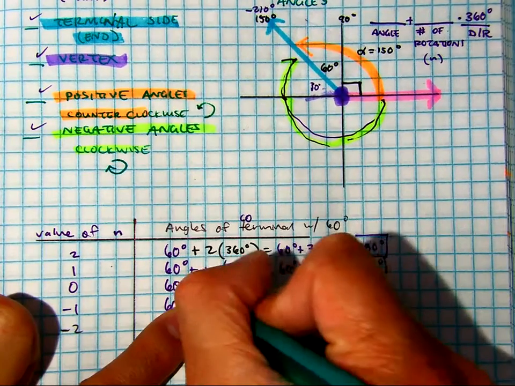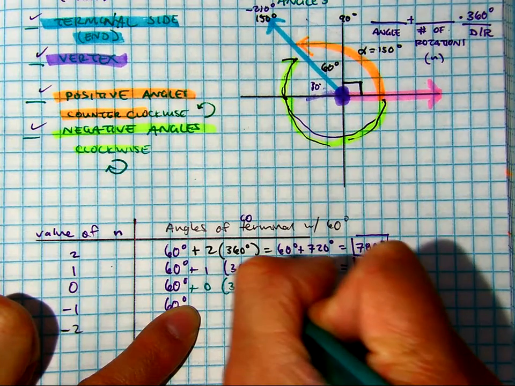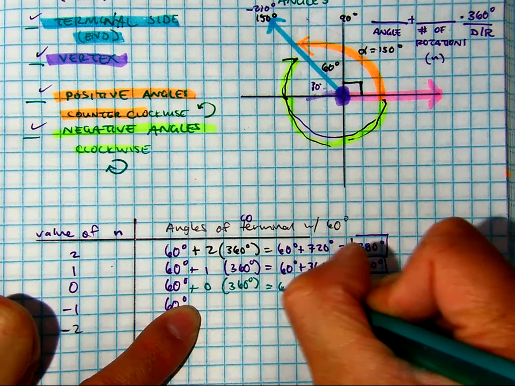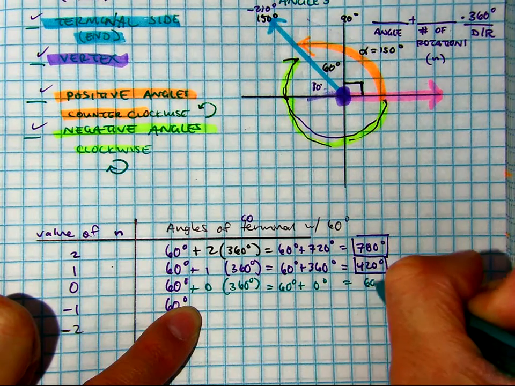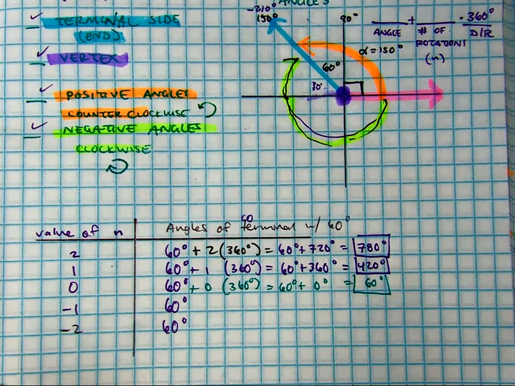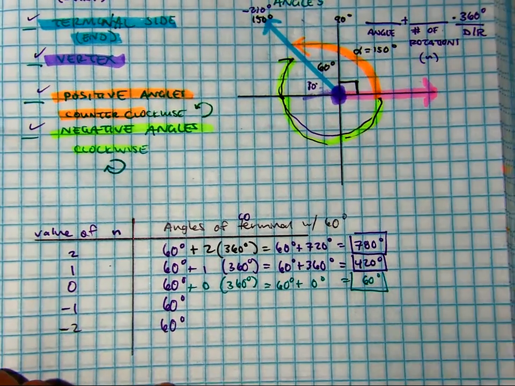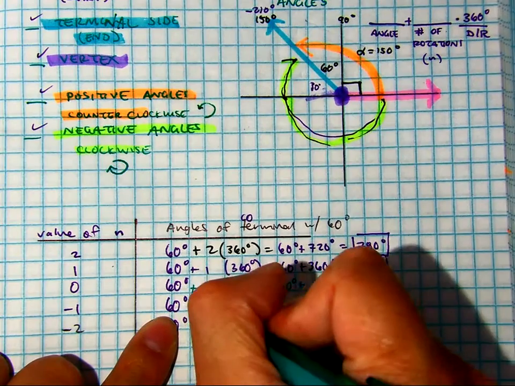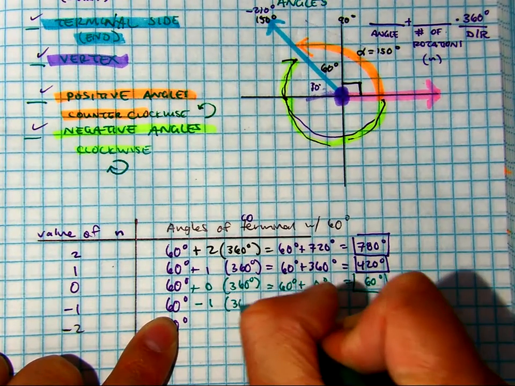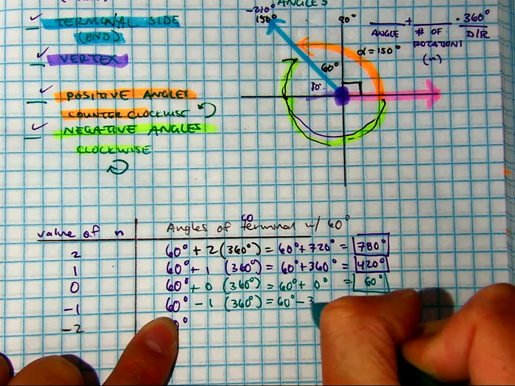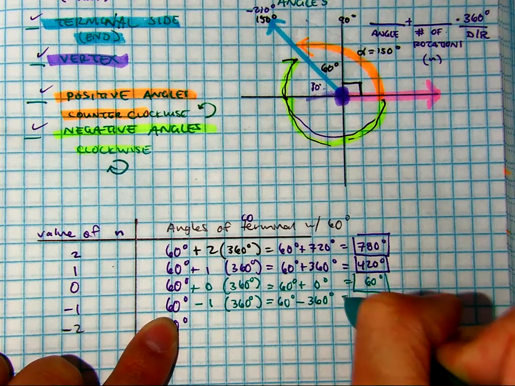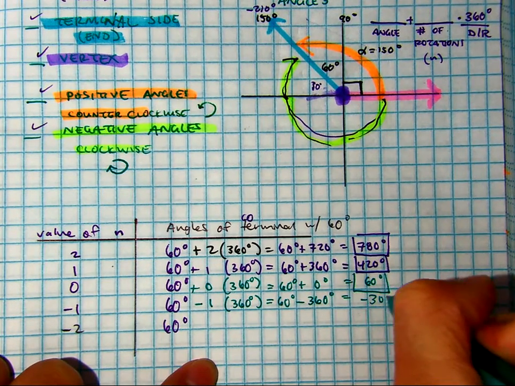0 times 360, and 60 plus 0. Negative 1 times 360, negative 360, so 60 minus 360, negative 300 degrees.